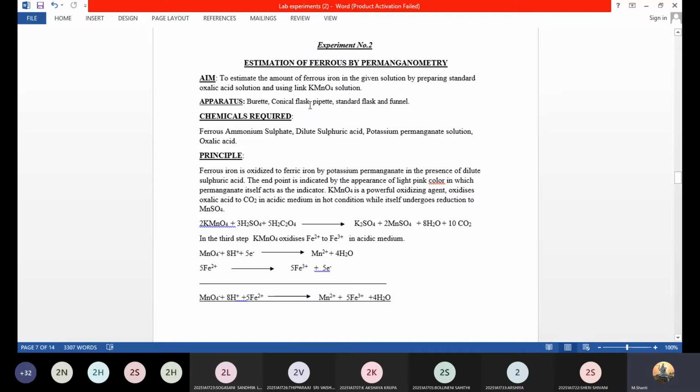Am I clear? So estimate the amount of ferrous ion in the given solution by preparing standard oxalic acid solution and using the given KMnO4 solution. You will be given the data of M2, that is the concentration of KMnO4. First you have to calculate the concentration and finally the amount of ferrous in the given solution. Okay, so the burette has to be filled with what?